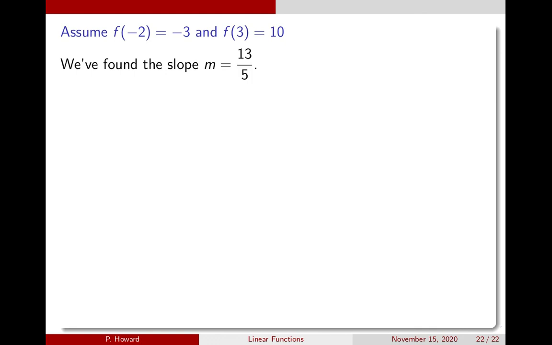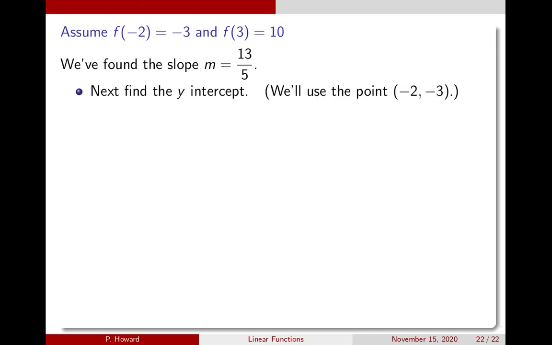So moving on to a new slide where I have a little more room, we found the slope is 13/5. Now we're going to find the y-intercept. So there are 2 points on the graph. There's the point (-2, -3), and there's the point (3, 10). And I can choose either one of those, but I've decided to use the point (-2, -3).